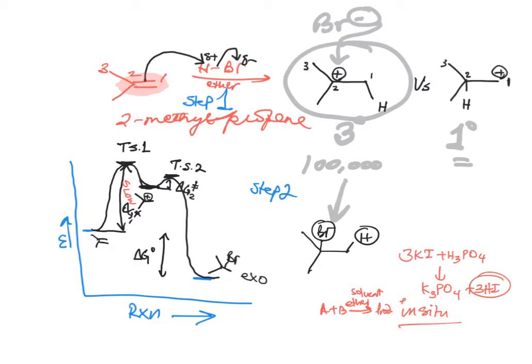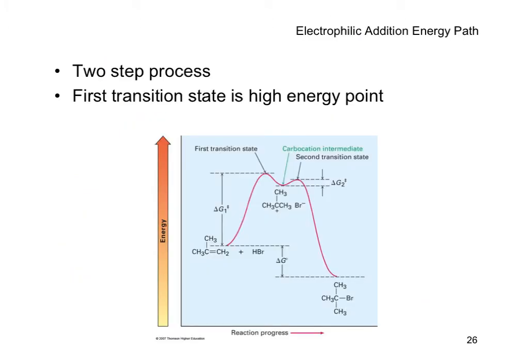So just to reiterate, since this can take a toll, again summarizing, we have a two-step process. Step number 1, where you hit your first transition state, is where your double bond is attacking your HBr. Bromine has gone as Br minus.